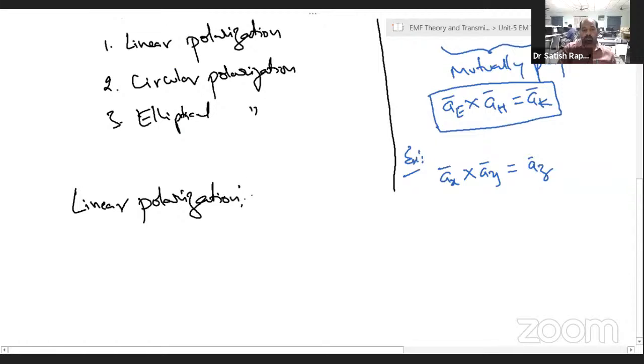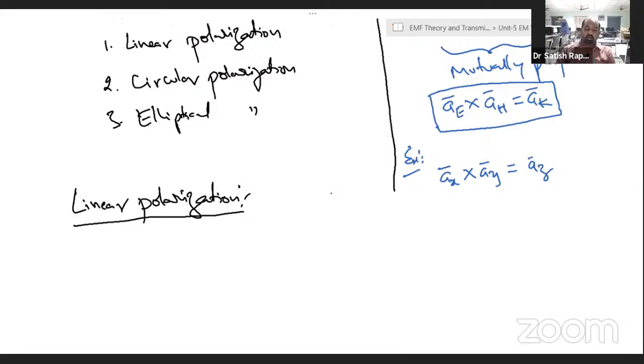So name itself gives you how electric field is oriented. In case of linear polarization, the electric field varies linearly with time.